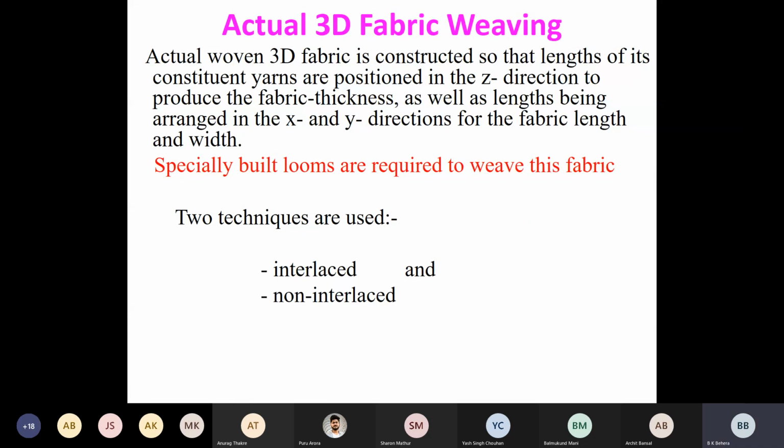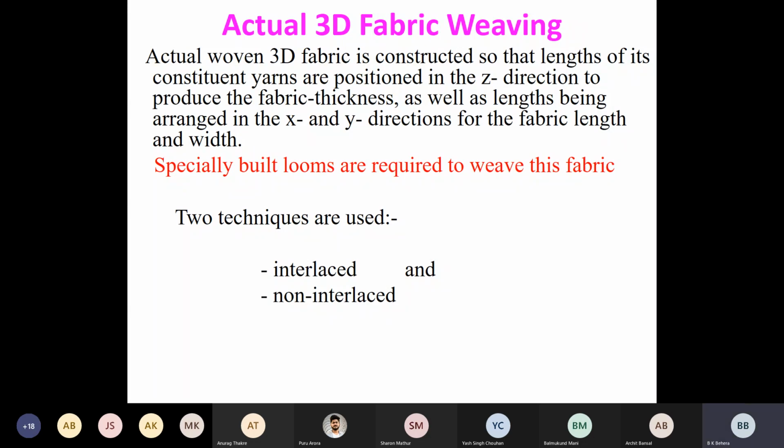In actual 3D weaving, what you will find is the constituent yarns are positioned in the Z direction to produce fabric thickness, because we have to have some yarn in thickness direction, then only you can have multiple layers and get a thick structure. Then we have yarn in length and breadth direction, that is XY direction. X in length direction, Y in width direction.